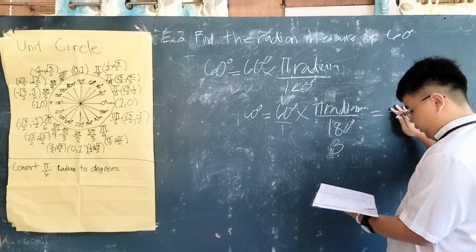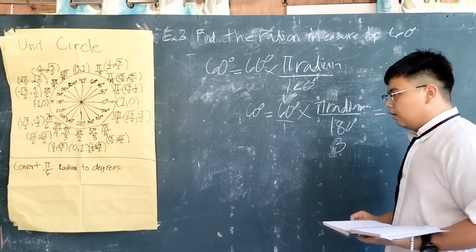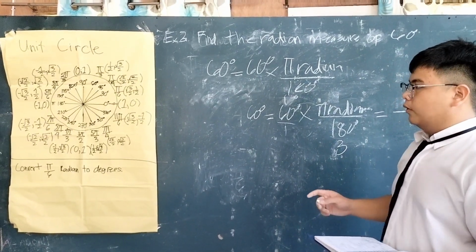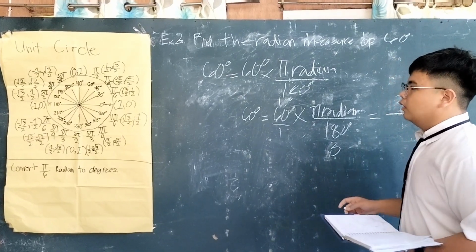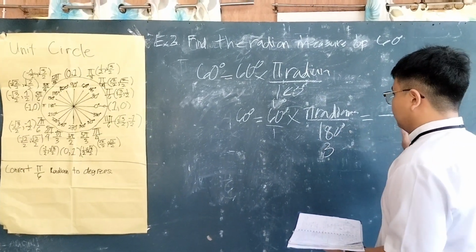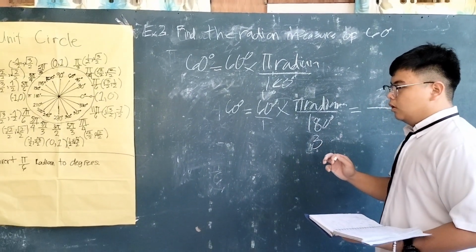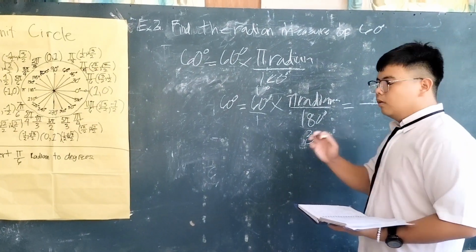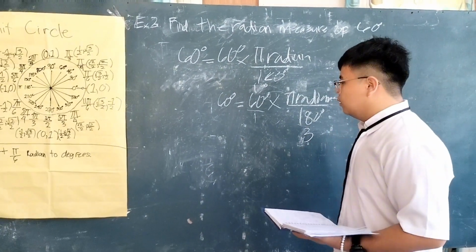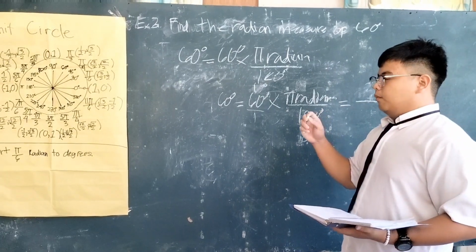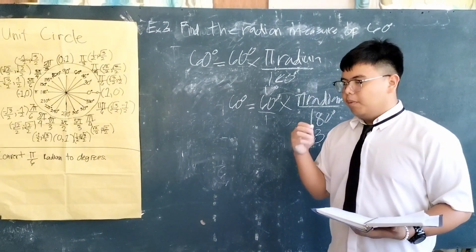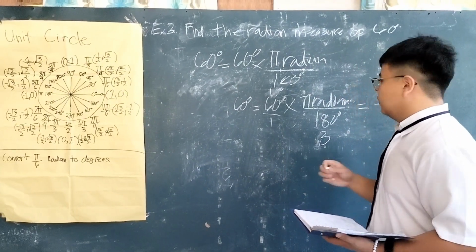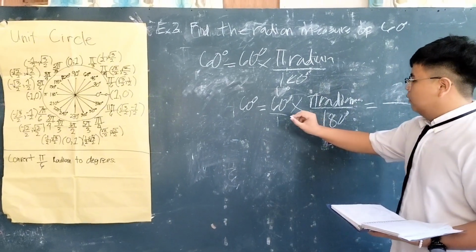Wait, wrong. By the concept for finding the radian, we always put pi radian in the numerator.